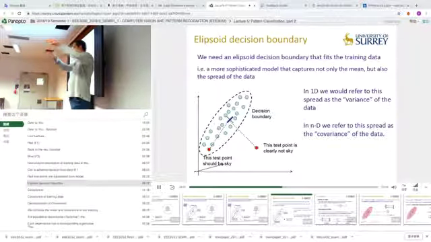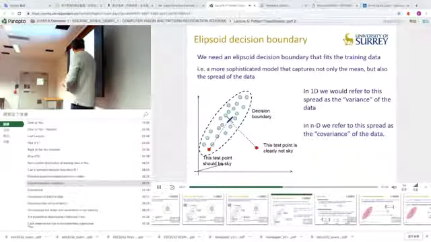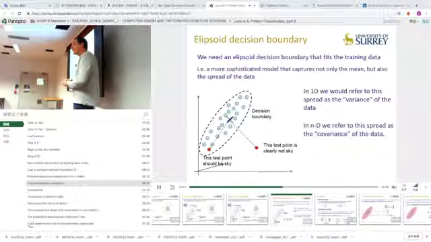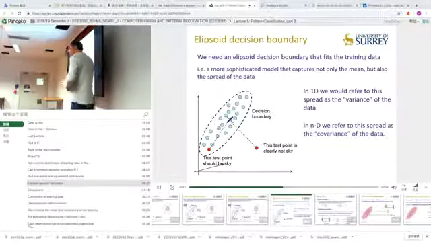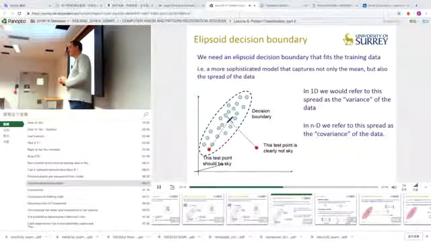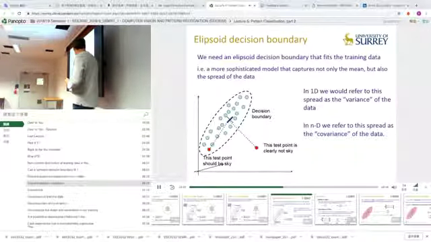But if I want to talk about the spread of those points about the mean, then I'm really talking about either the standard deviation of those points about the mean, or more commonly, the variance of those points about the mean, which is simply the standard deviation squared. It's convenient to talk about the variance because it's always positive.